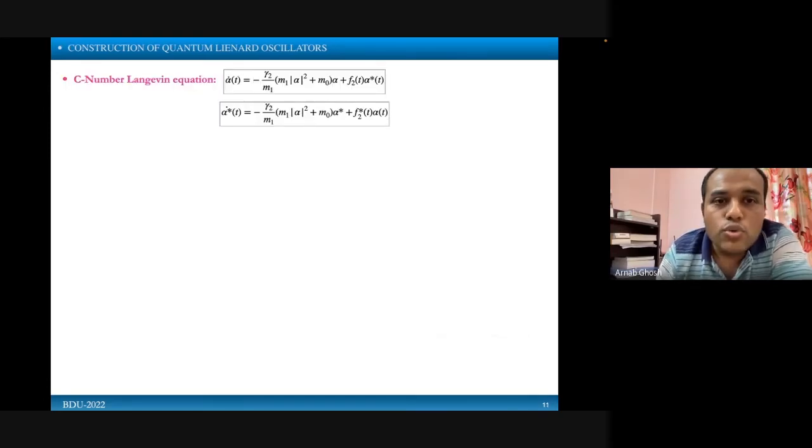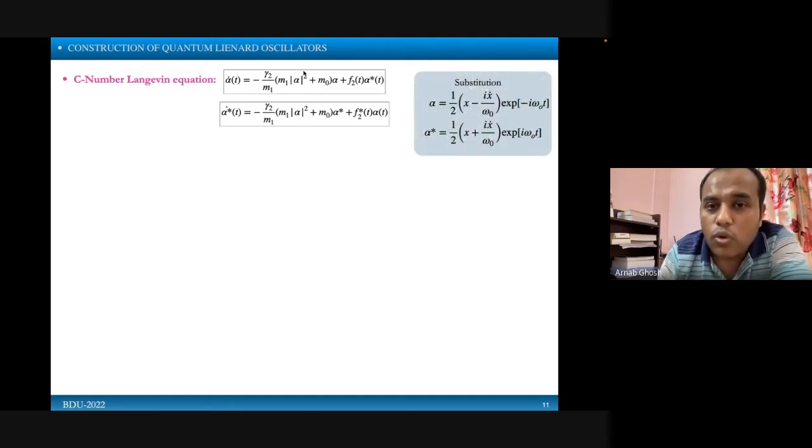So what we have discussed so far is the following. This is our starting equation, and its complex conjugate is this one. Although this is in terms of the complex amplitude alpha, in order to identify the standard form of the van der Pol and the Rayleigh, we make these substitutions of alpha and alpha star.